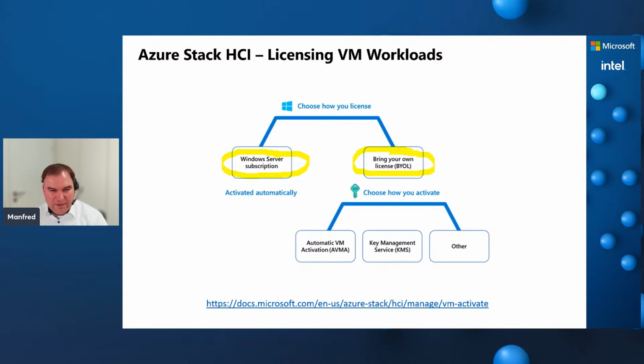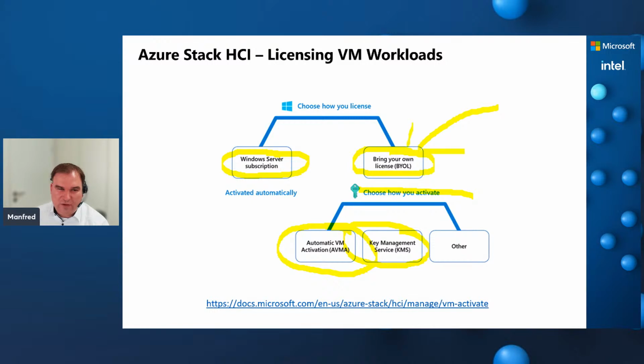The bring your own license costs depend on the licensing model you decide for. For activating your virtual machines, you can decide between automatic virtual machine activation, which is a Hyper-V feature, or in the volume license, the key management service. The interesting thing at the bring your own license option is that you can also use the cost optimized OEM licenses, so the direct OEM or the reseller option kit that is provided by your preferred hardware vendor.